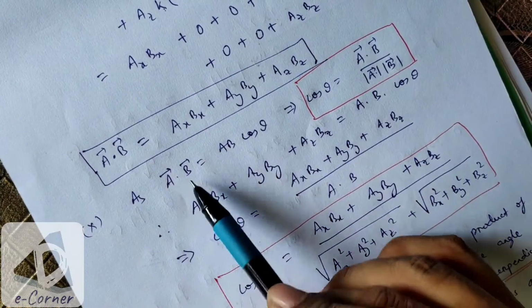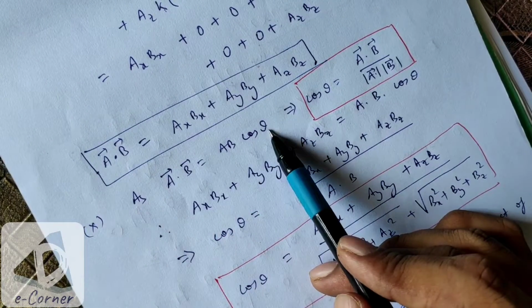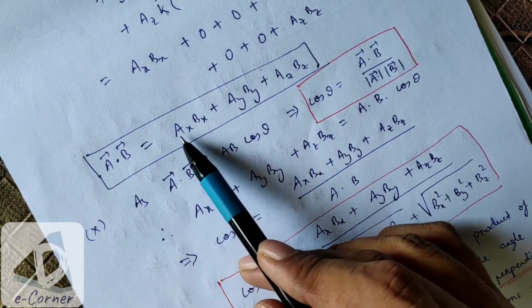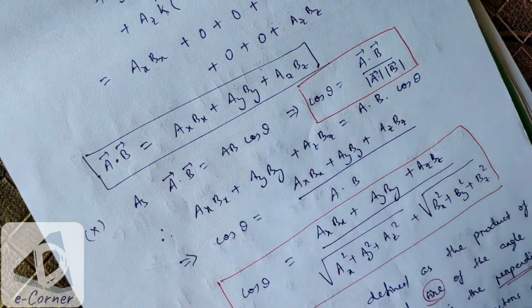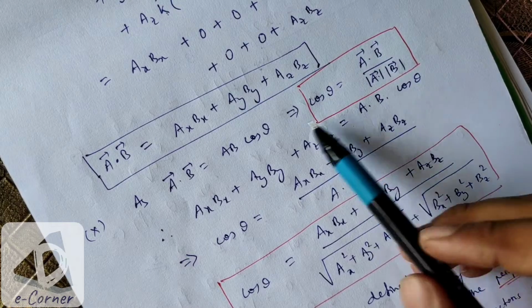Then as we know, A dot B equal to AB cos theta. Again A dot B equal to, we know, Ax Bx plus Ay By plus Az Bz. By using this we can find the angle. How?